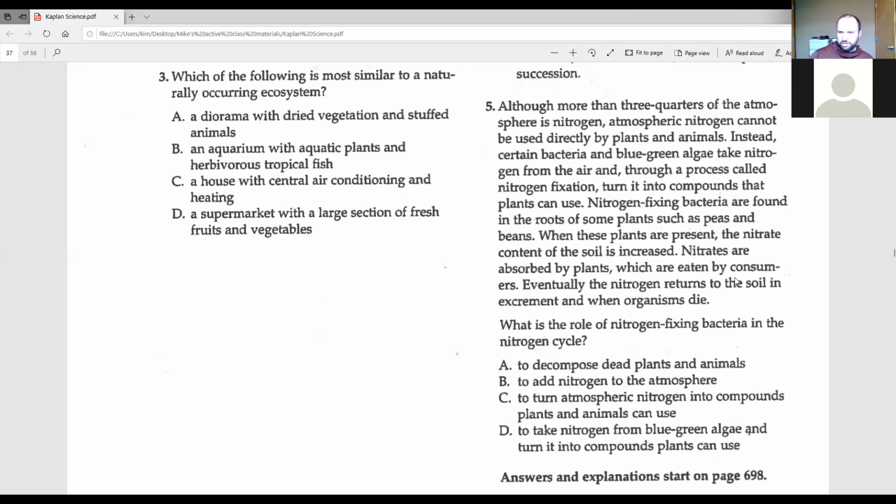When nitrogen returns to the soil in the form of excrement and when organisms die, okay? So nitrogen-fixing bacteria isn't doing that, right? The bacteria dying, or the organisms dying, is then returning nitrogen to the soil, but that's not directly the role of nitrogen-fixing bacteria at all. So A and B I'd throw out. So let's look at C and D and see if we can't figure out the best answer.